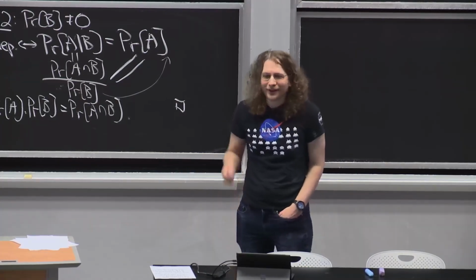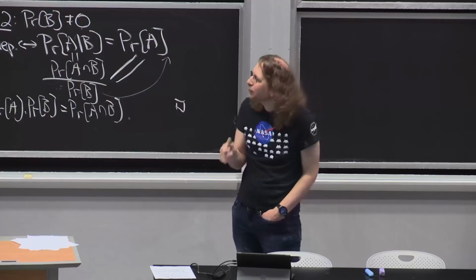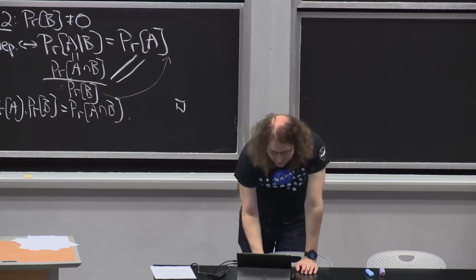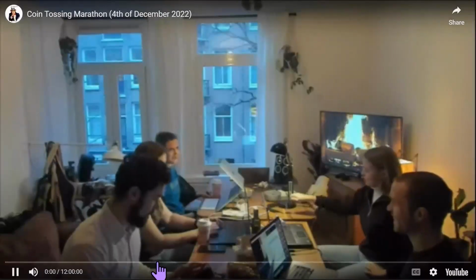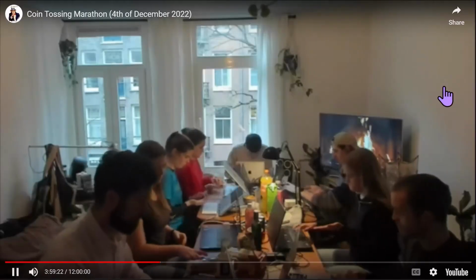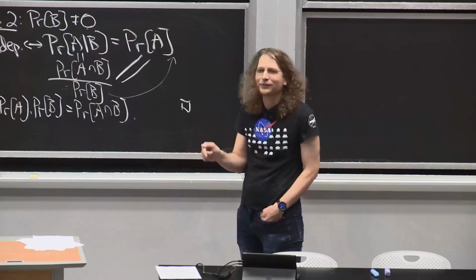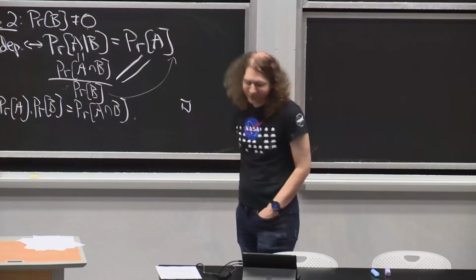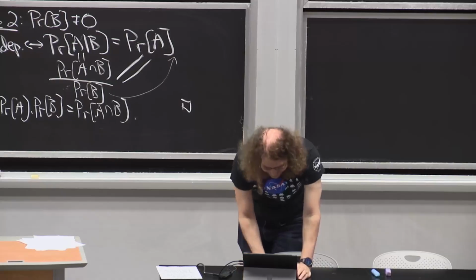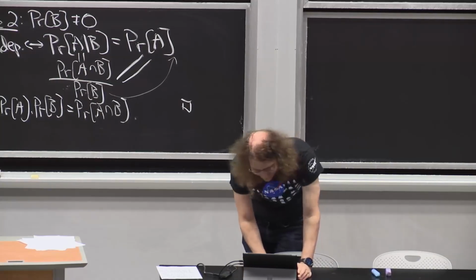Different flippers have a different style of flipping, so your personal probability may be different from this one, so keep that in mind. There are a zillion videos online of these 12-hour marathons, for verifiable science, where you can watch people flipping coins and typing in the result. You can watch this for the next 12 hours, or we could go back to lecture.